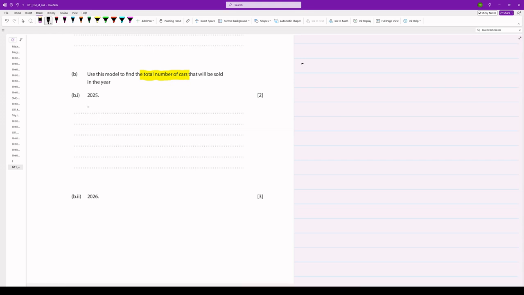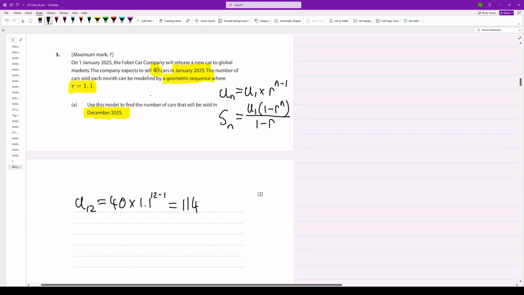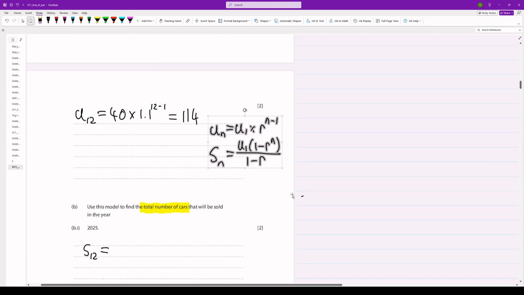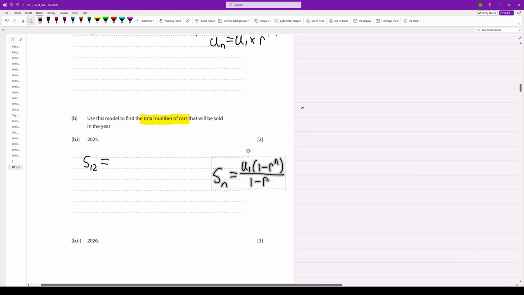Well, we've also got a formula for that. The sum of the first 12 months is going to be, let's just remind everyone of the formula, and I'm even going to bring them a little bit further down so that you can see which equation is next to which question that I need it for. There we go.